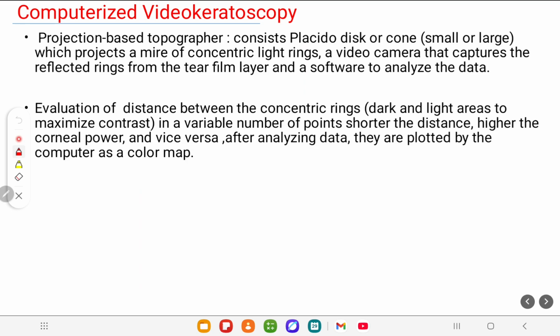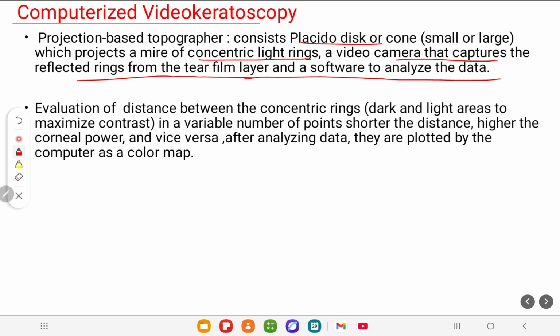So computerized video keratoscopy is projection-based topography. It consists of Placido discs or cones, small and larger, which project a mirror image of concentric light rings, and a video camera that captures the reflected light from the tear film layers, and the software analyzes the data. That's video keratoscopy.